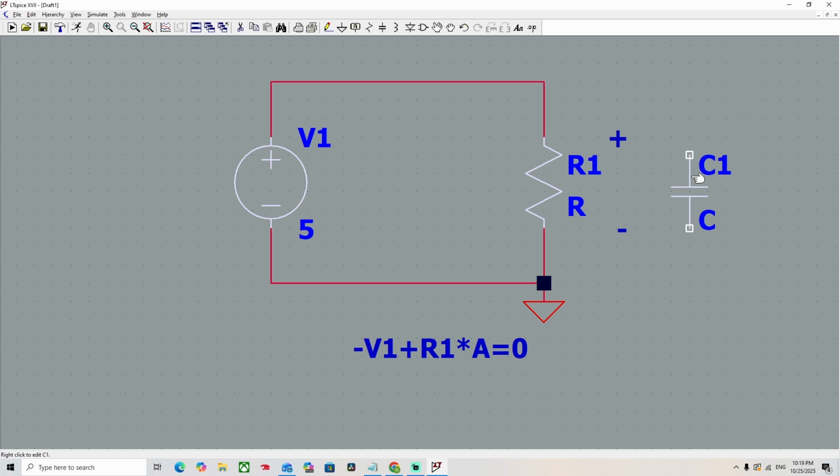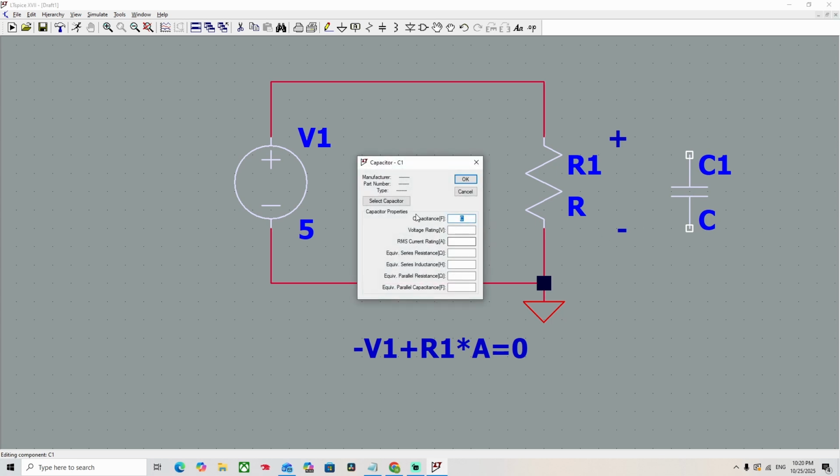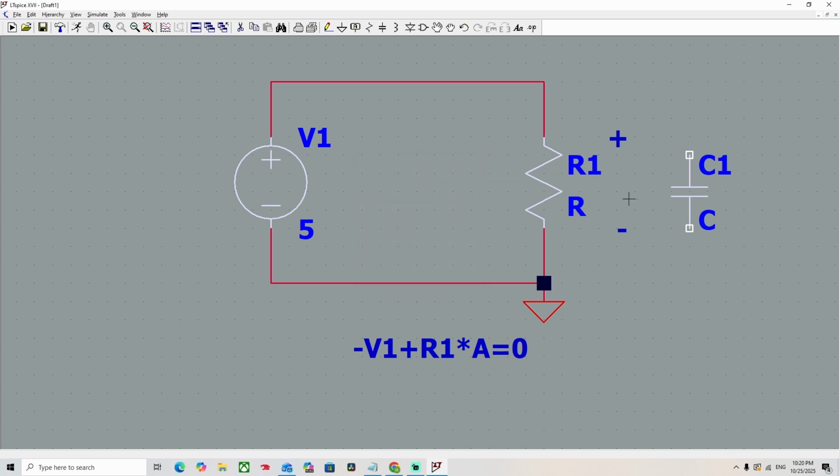These are generally non-polarized, so they can conduct either way, going from here to here or from top to bottom. That's because they're usually used in AC signals. With AC, now if this was a polarized capacitor, dang it, I always forget where it's at.